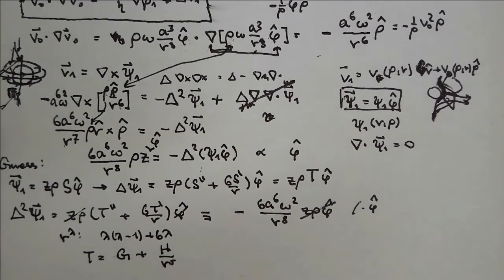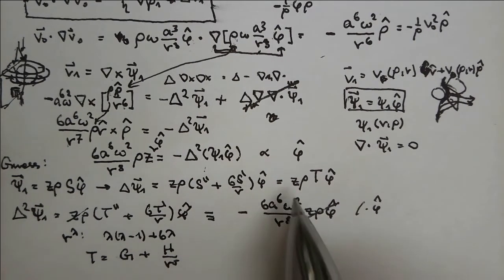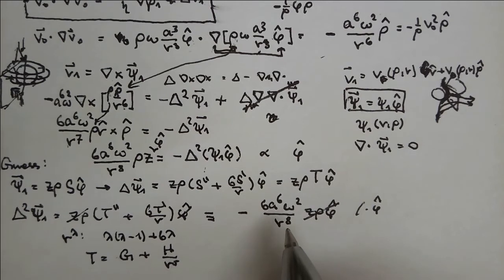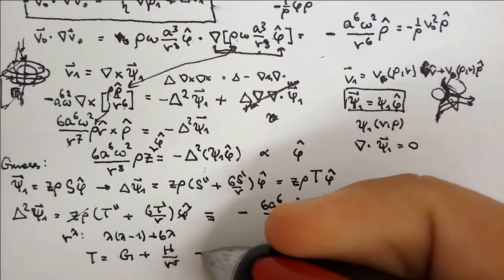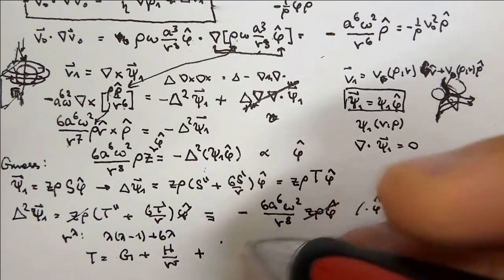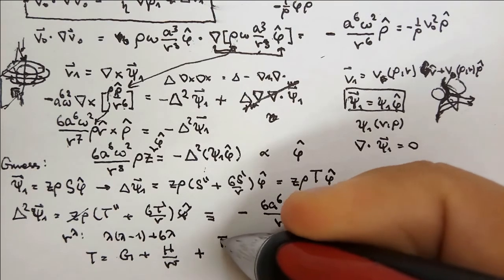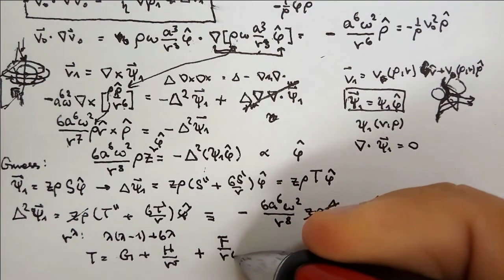Next, you can clearly see that we have a right hand side, and you can guess the solution already, because it's only r to something, r to the 8th power. So this solution has to be two degrees smaller, so it has to be r to the minus 6th power, or yeah, I will try my plus, and there is some constant f, for example, divided by r to the 6th power.